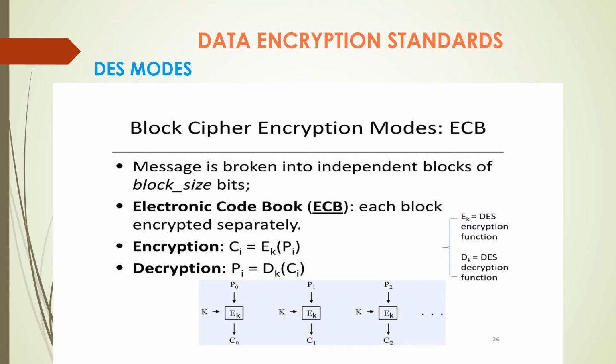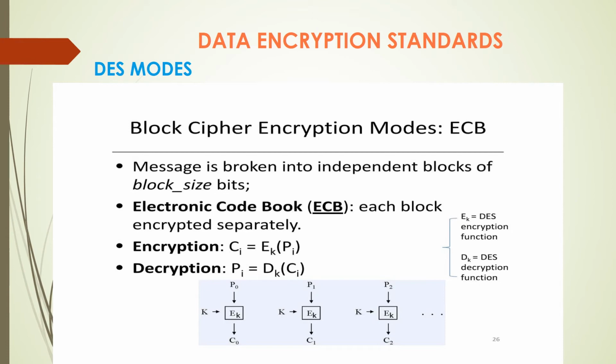Now let us take an example. Let the block size equal 4. The plain text will be good morning. So we have to divide the plain text into 4-bit blocks.